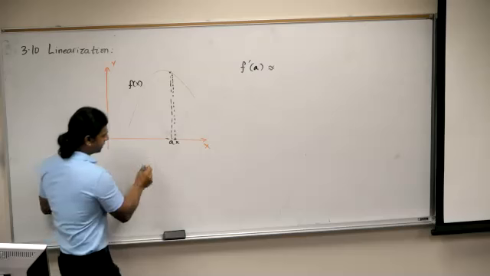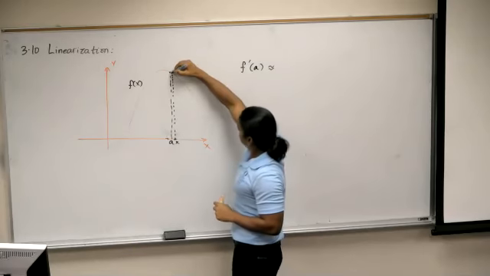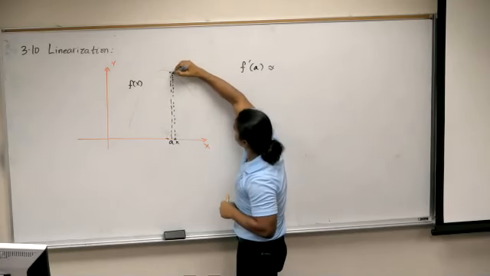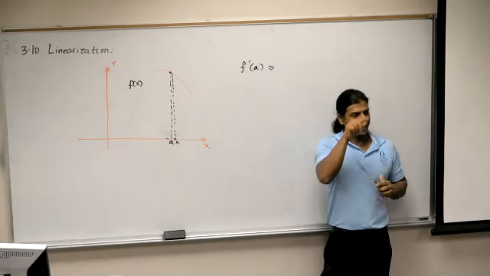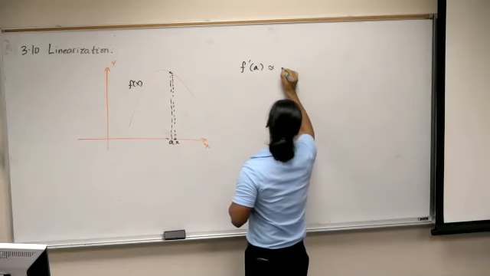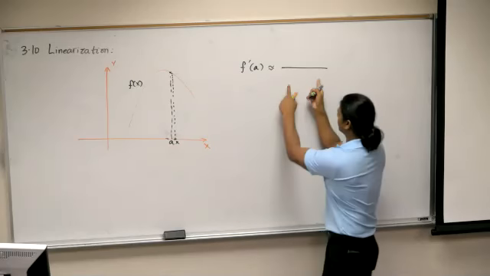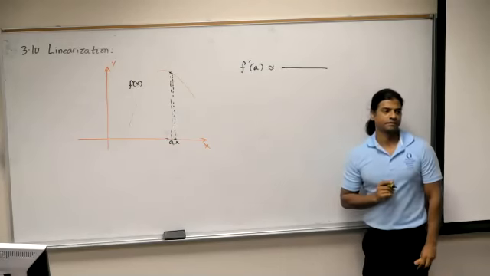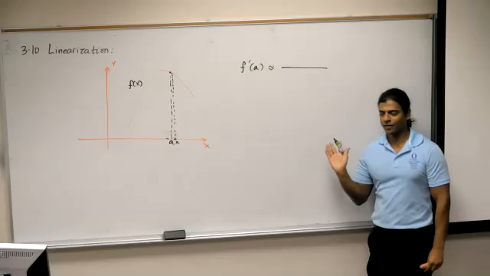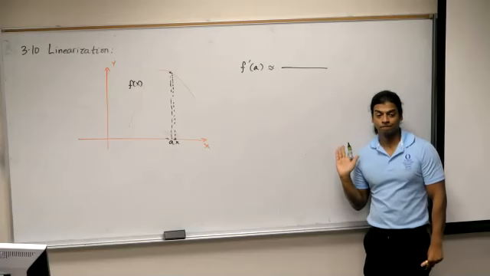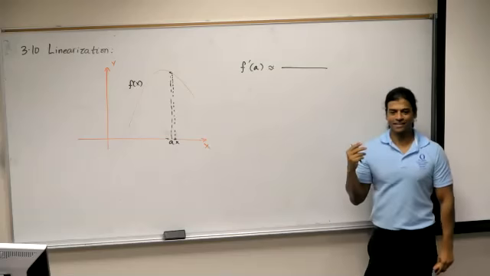So pick a point very close to, excuse me, very close to A. I can find the slope, correct, the average rate of change. So I've got A, I've got x. What is the denominator? x2 minus x1, so it has to be the change in x, in terms of x and a.